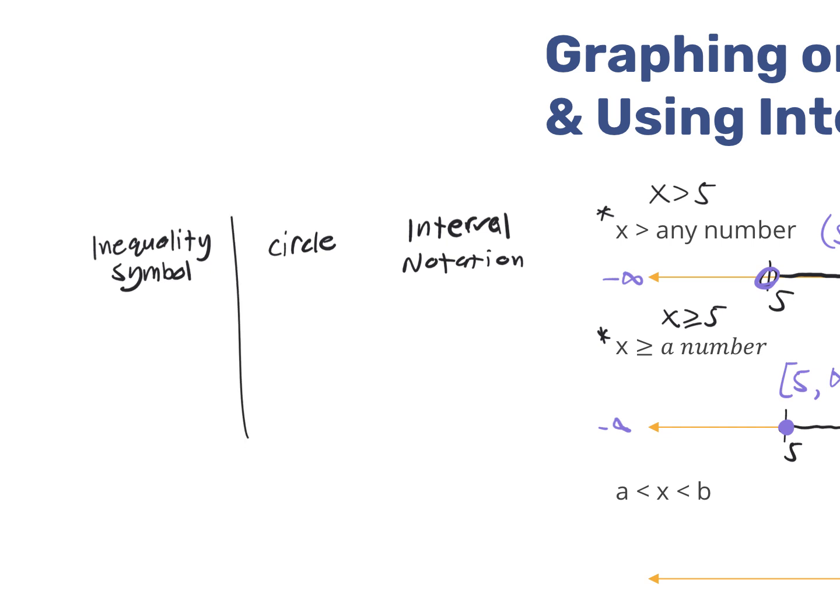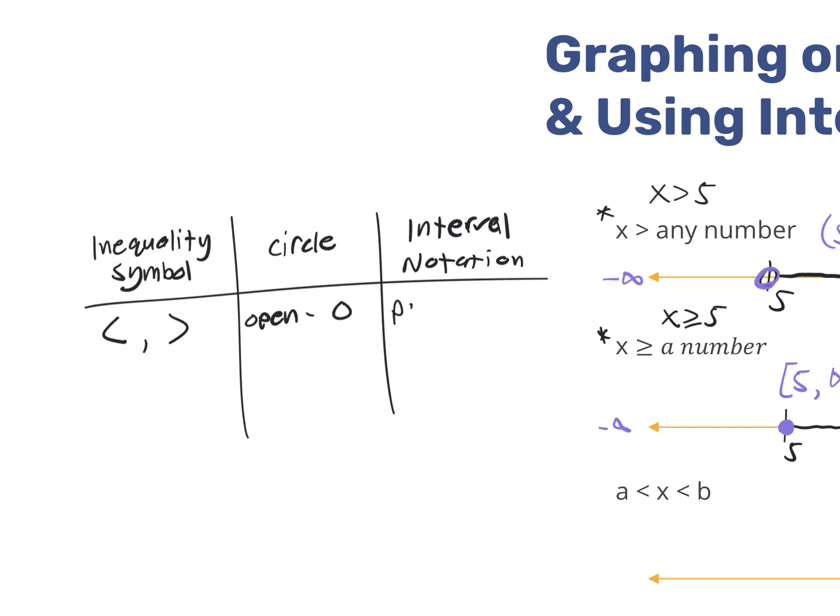All right, so let me make a little chart. If your inequality symbol is a strict inequality, meaning it doesn't have that line underneath it, we're going to have an open circle, and it's going to look like that. And in interval notation, we're going to have parentheses. Something, comma, something.